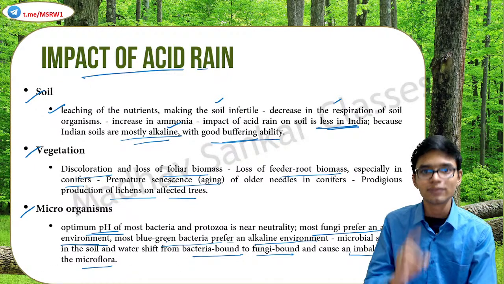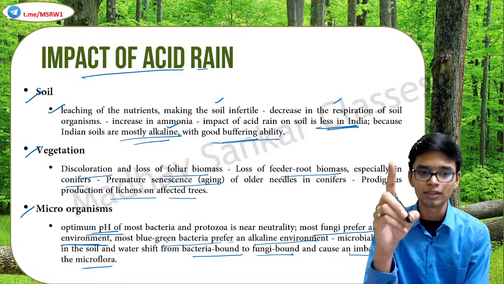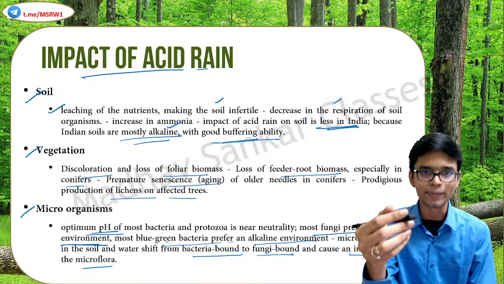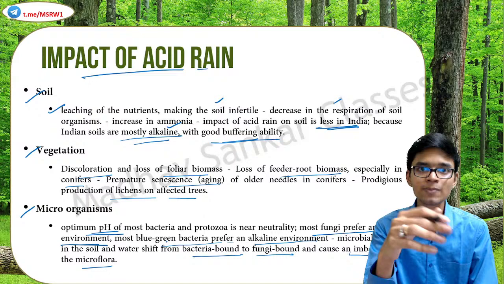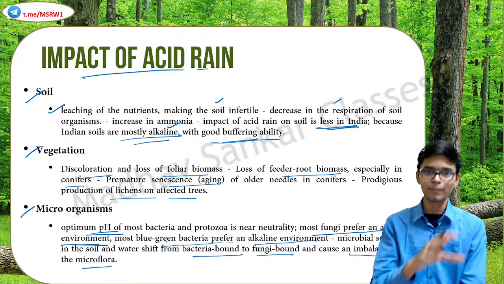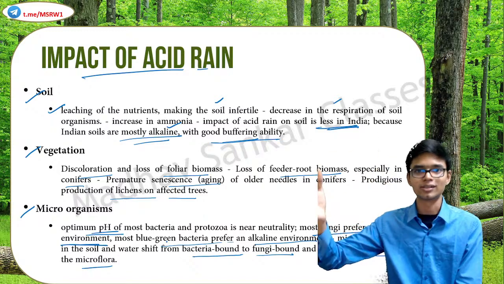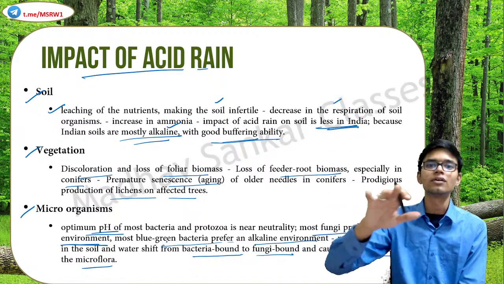Correct, right? Fungus prefers acidic, bacteria prefer alkaline. So when acid rain happens, what will happen? The area will become more and more acidic, which means there will be a shift in the microflora and fauna from bacteria to fungus, thereby completely changing the composition of that habitat.